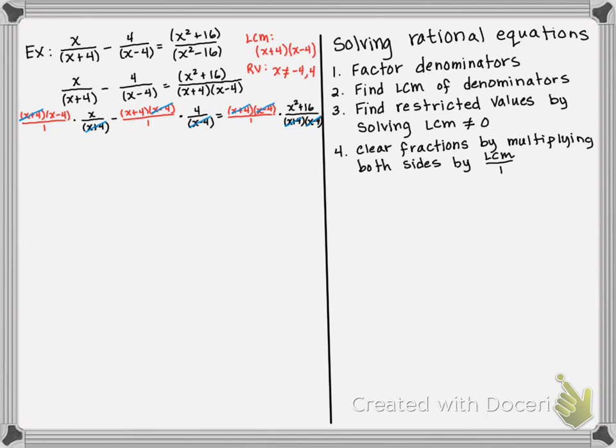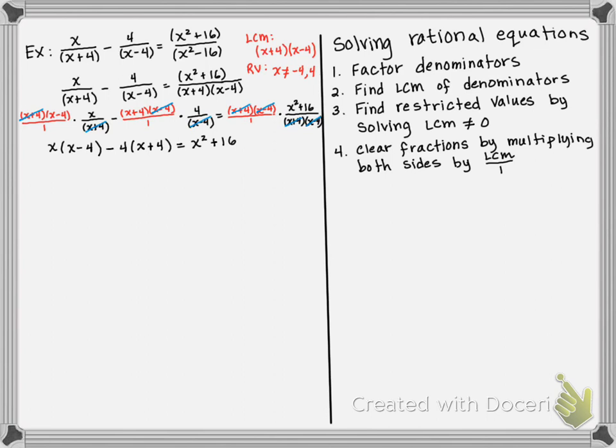Everything else should cancel out. And so we are left with x times x minus 4 minus 4 times x plus 4 equals x squared plus 16.